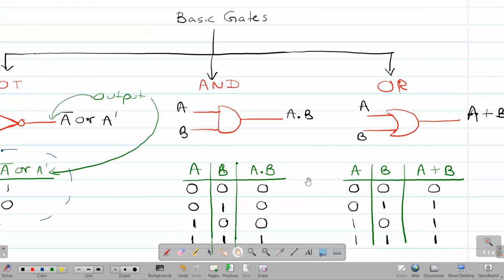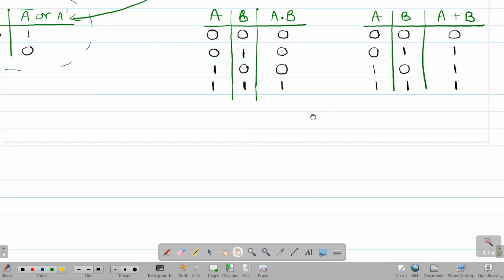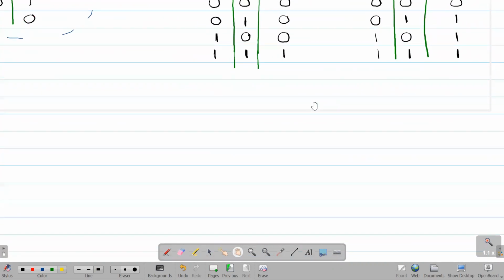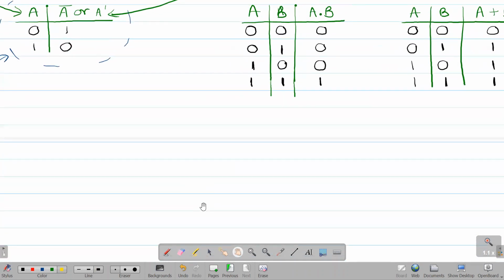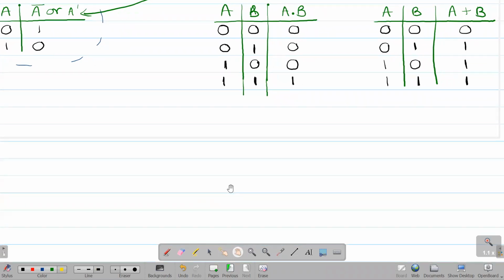When it comes to the combinational gates, the name defines it: combinational. That means combining, right? So combinational gates are formed by the AND and the OR gates combining with the NOT gate. Let's see how this is happening.